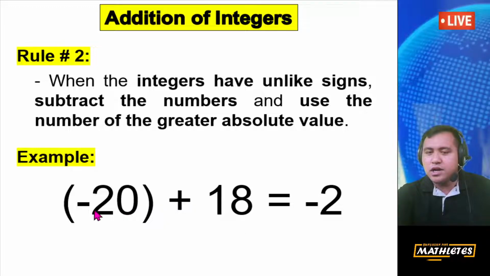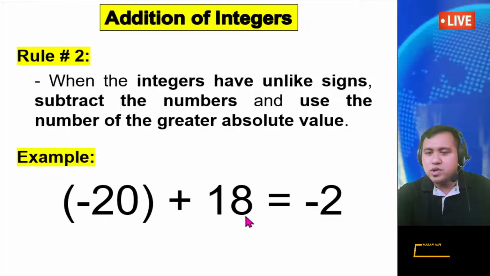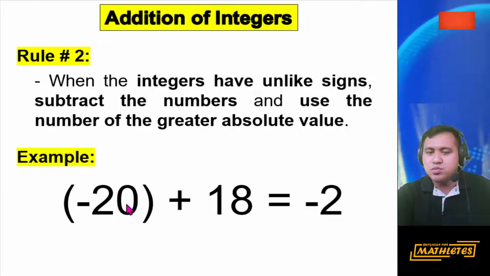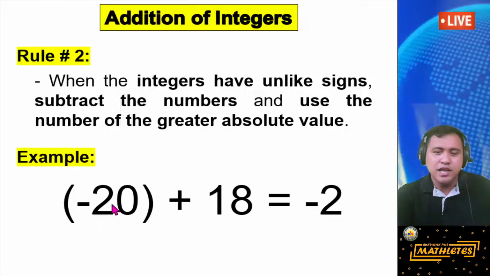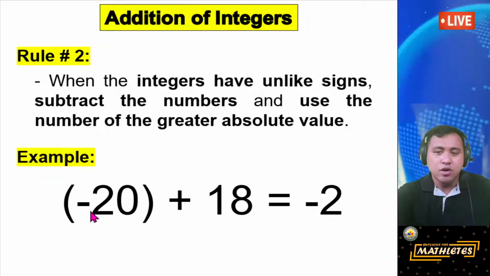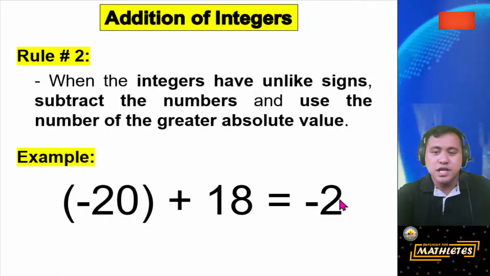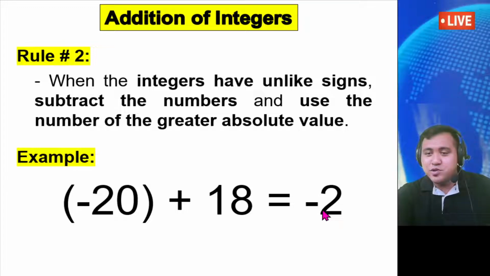Which of these two numbers has greater absolute value, negative 20 or 18? Si negative 20. Kung sa sign ni negative 20, negative. So we will use the sign of negative 20. That is negative. So our answer is negative 2.